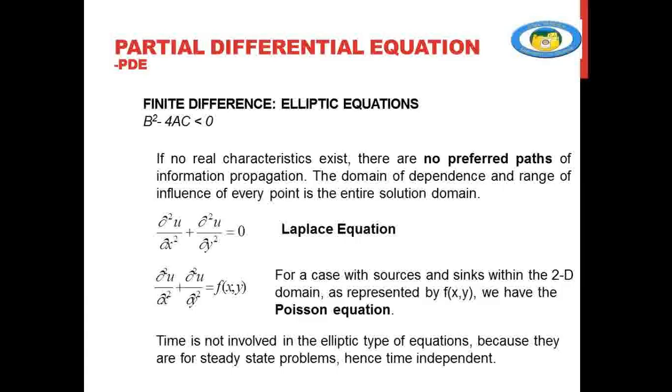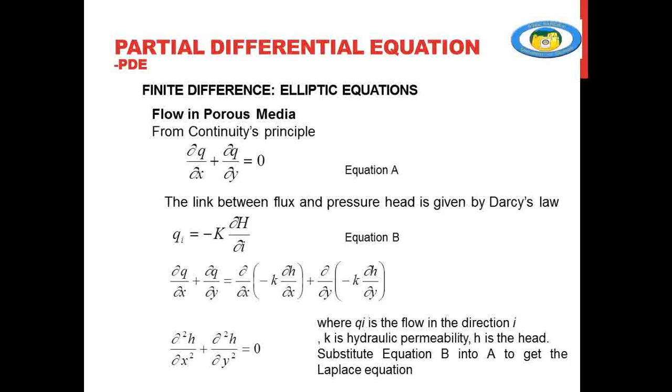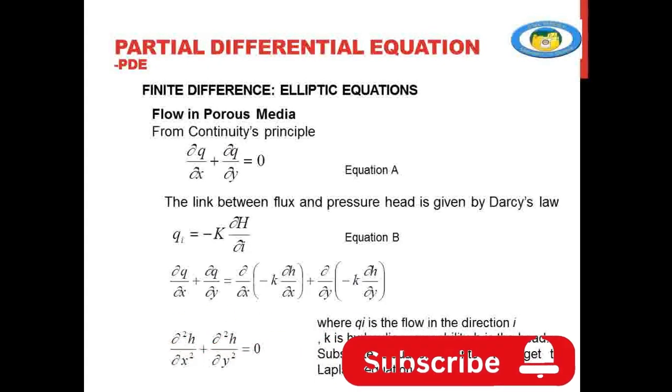Obviously, in an elliptic equation, there is no time. It is time independent. Flow in porous media, or temperature typically in thermodynamics, could be represented along different directions using the Laplace equation.